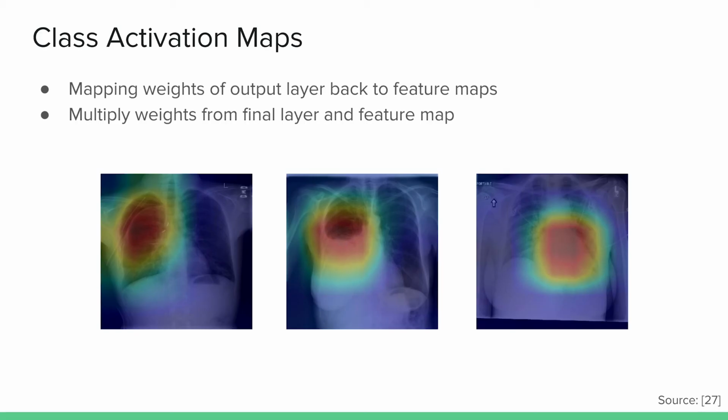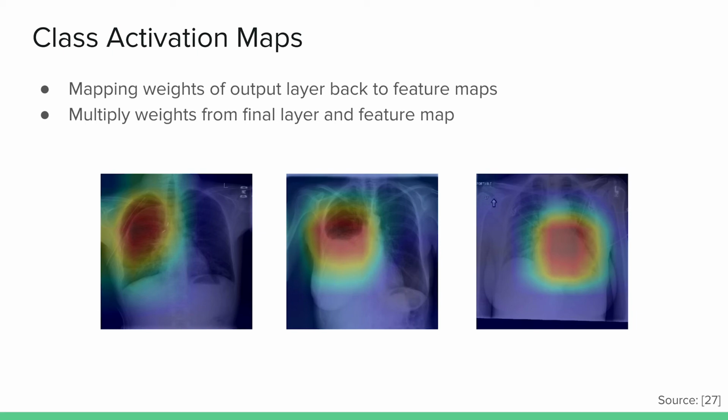Another very powerful method of exploring your data and exploring your network is by so-called class activation maps. The idea is that we map the weights of our output layer back to our feature maps. We take an image and feed it through our network, which results in certain features being computed before the final state that performs an operation.